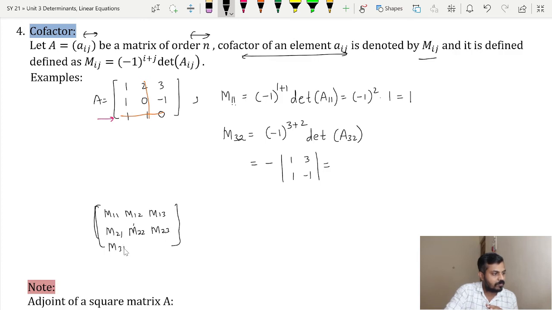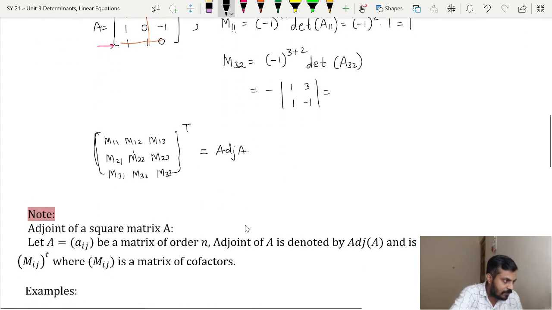Over here we will have m31, m32 and m33. So this is called the matrix of cofactors, and if we take the transpose of this we get the adjoint of A, and that is nothing but our next definition.